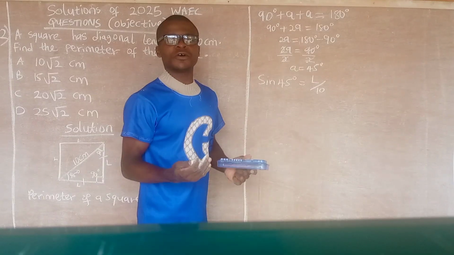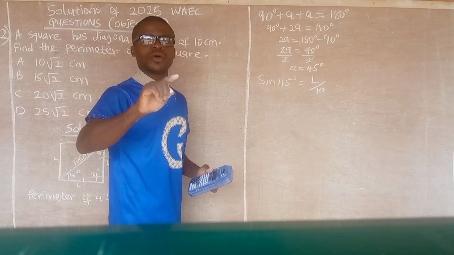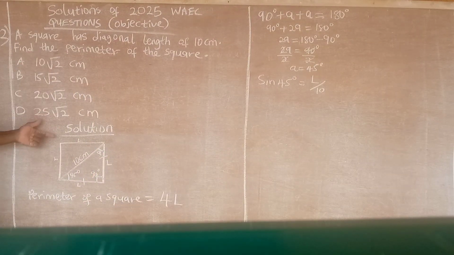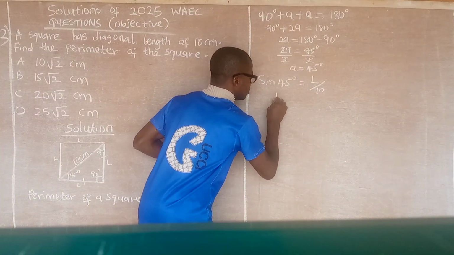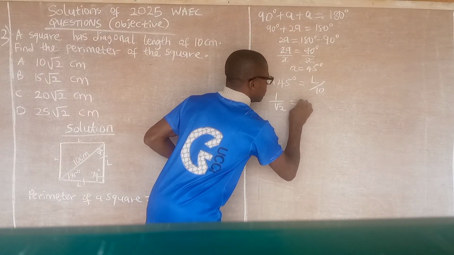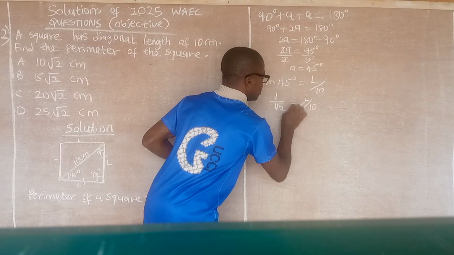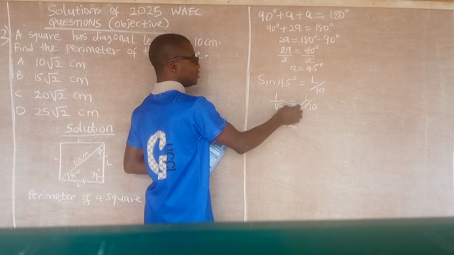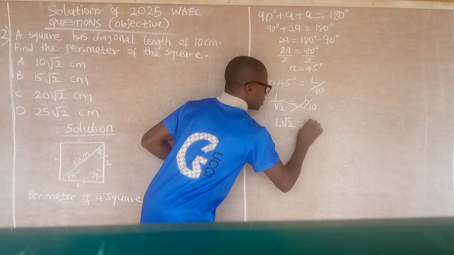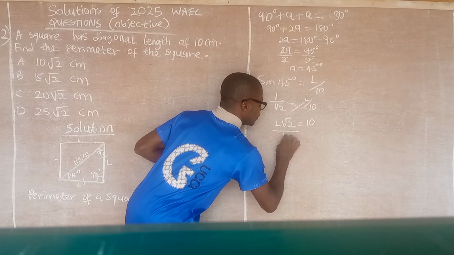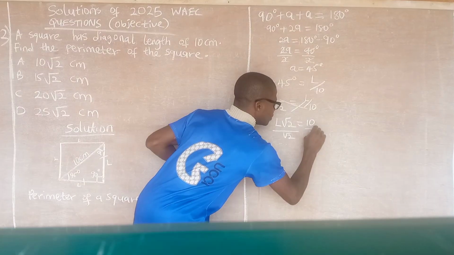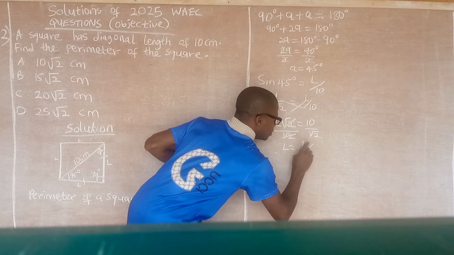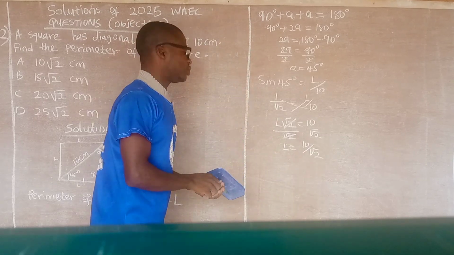And from the knowledge of special angles, sine 45 equals 1 over root 2, because the options here are in surd form. So 1 over root 2 equals L over 10, cross multiply. L root 2 equals 10 times 1, 10. For L to be alone, divide both sides by root 2. L is equal to 10 over root 2.